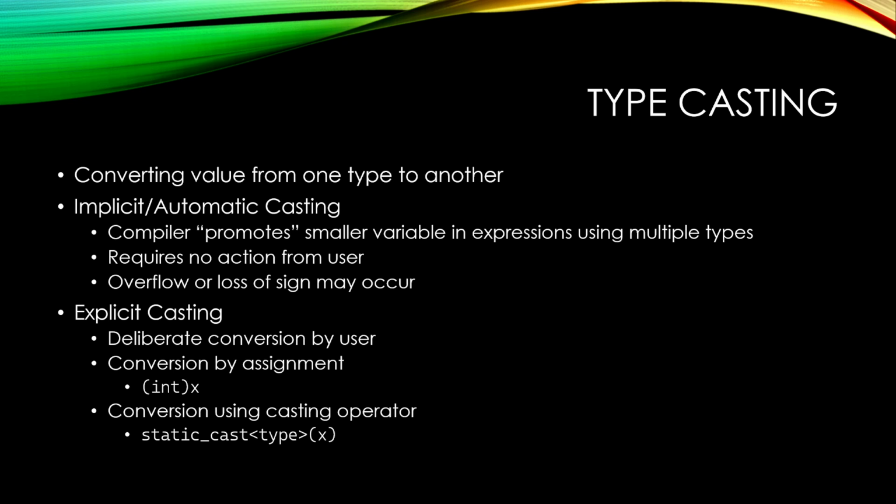Or you can convert using the casting operator, which is static_cast, type, which is wrapped in angle brackets, and then in parentheses you have the original value. Again, be aware of these, but I don't expect you to use them at all in this class. They're not something that you'll find yourself using very often. So we're just going to be aware of these and move forward.